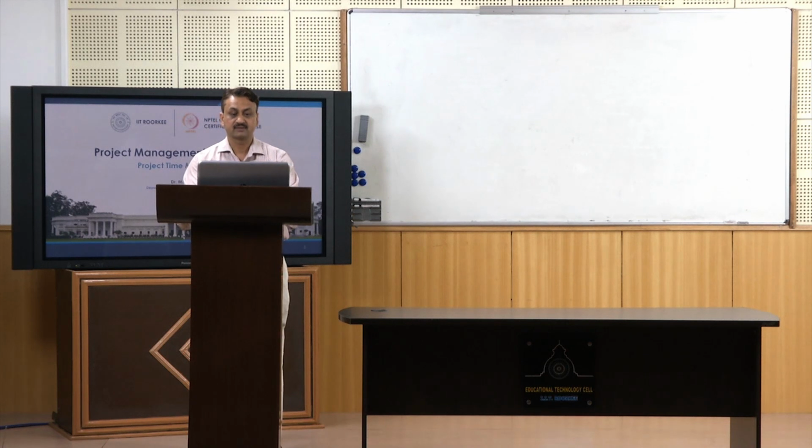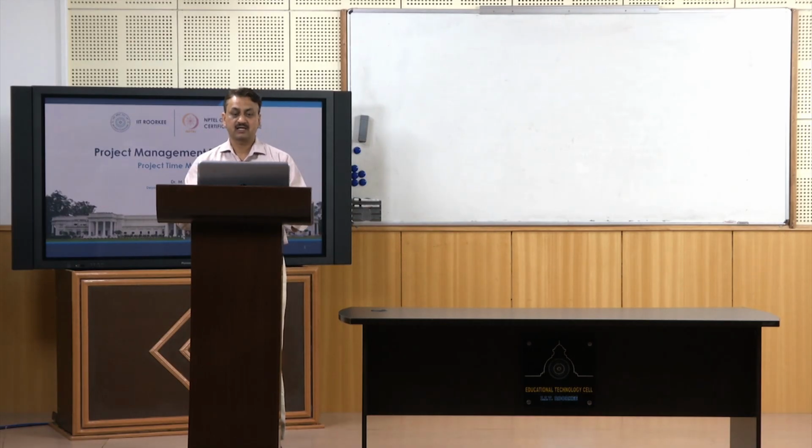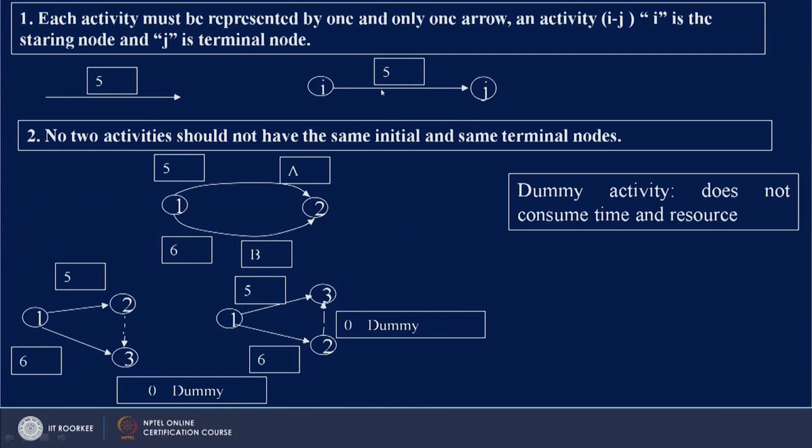So ij is an activity, and we represent an activity by an arrow. Keep in mind that its direction is from left to right. You should not draw a network with direction from right to left. This is a general rule.